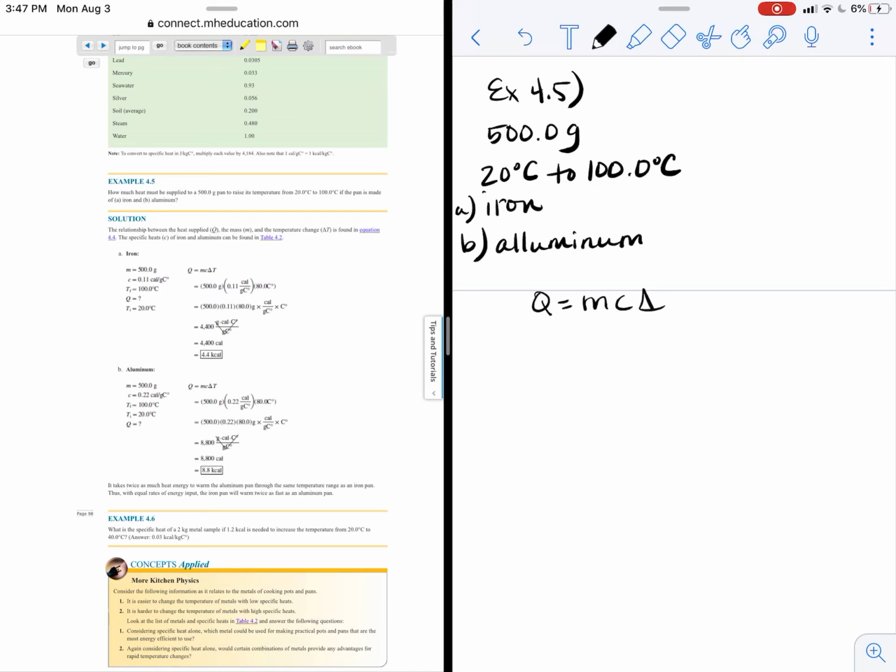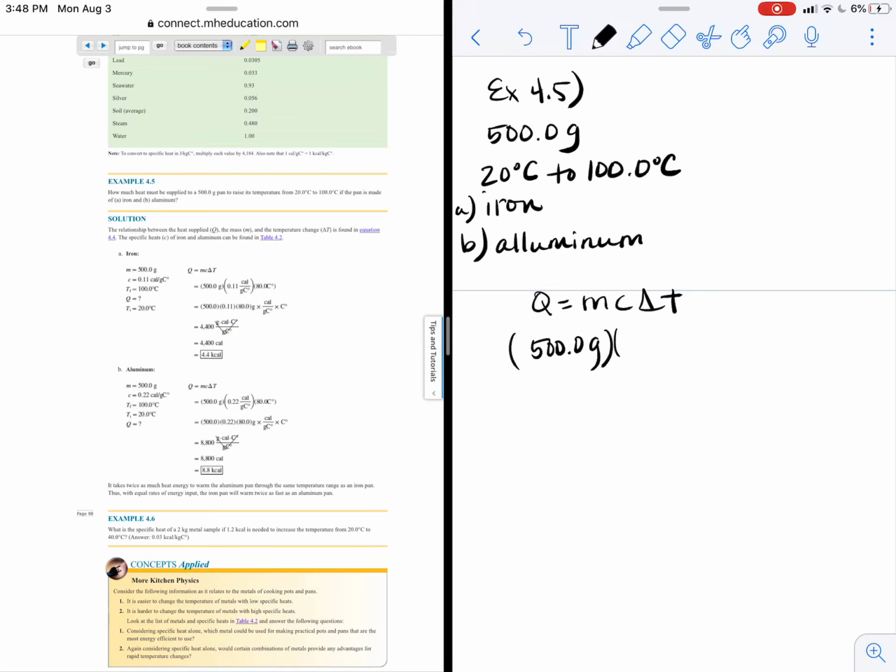So that's our new equation here. And so our mass that it gave us was 500 grams, and it's okay to have grams, but we need to make sure that's consistent all the way through. And what's our specific heat? Well, we have to actually look.